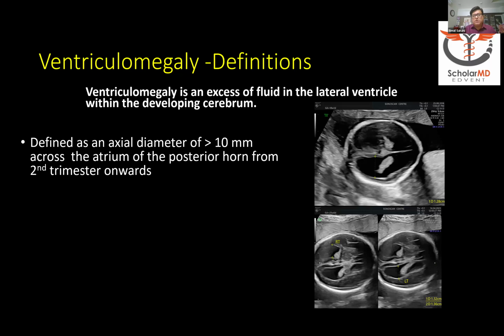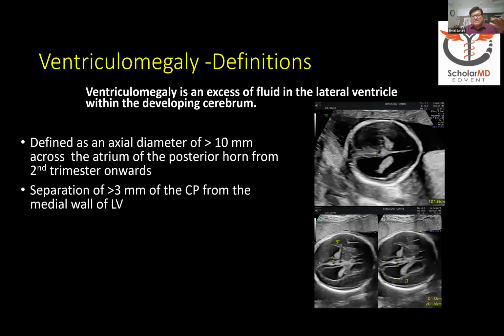Now, this is a universal consensus. There was a time when they said, okay, the choroid plexus, if it is separate more than 3 millimeter from the medial wall of the LV, then that is also ventriculomegaly.